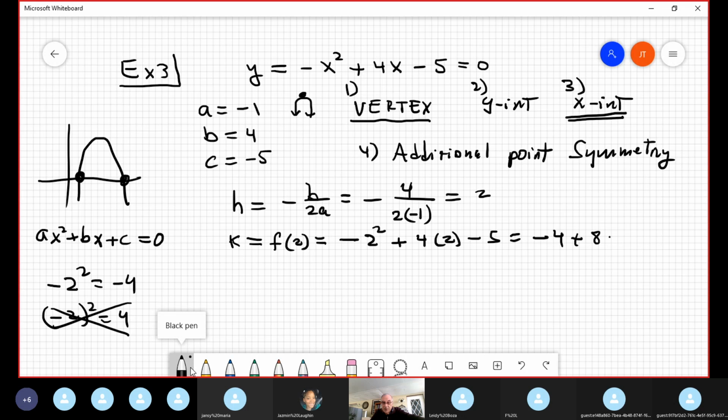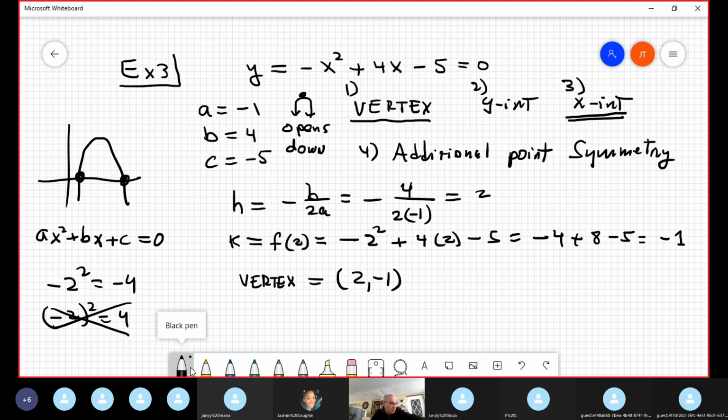Then +8 minus 5 is -1. Obviously it is -1. So the vertex of the parabola is located at the point (2, -1). And I know that from this point, the parabola opens down, because the leading coefficient is negative.